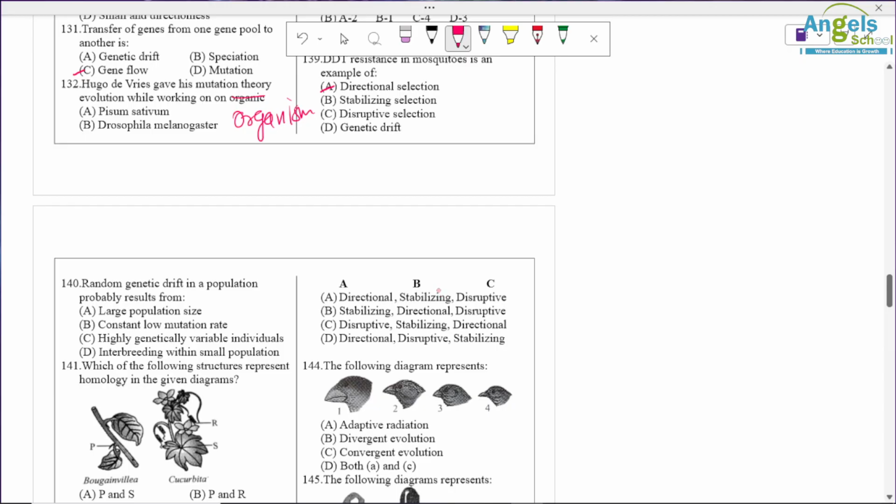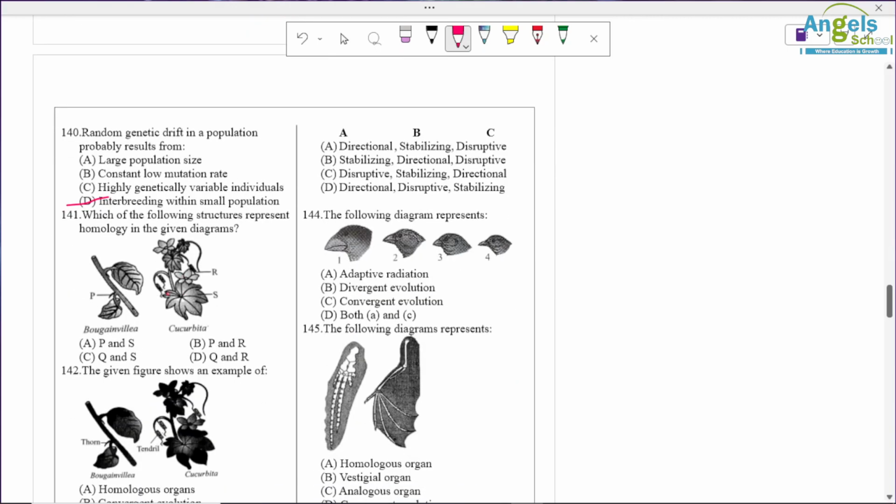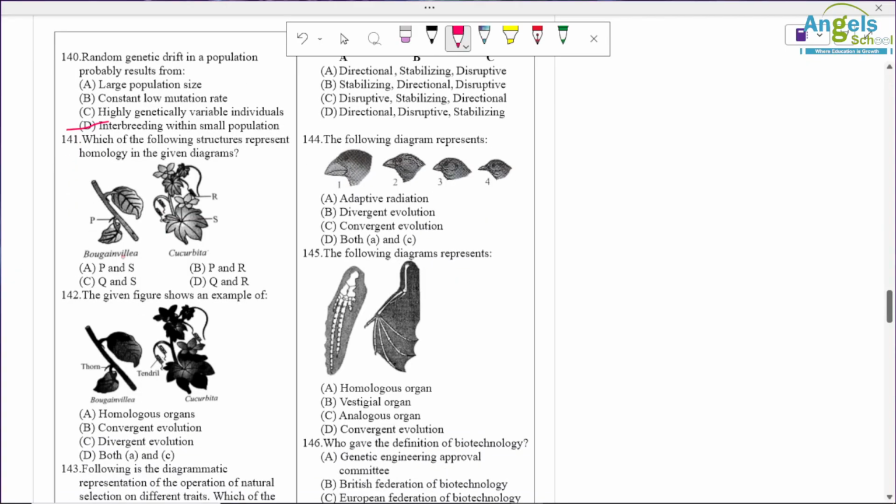Random genetic drift in a population probably results from interbreeding within a small population. Question number 141.